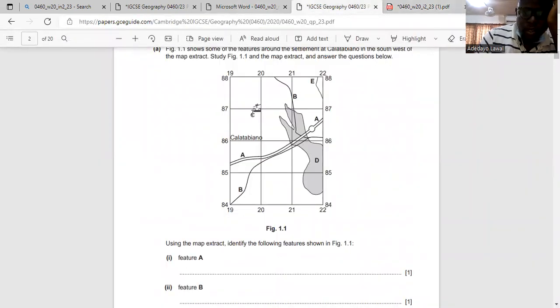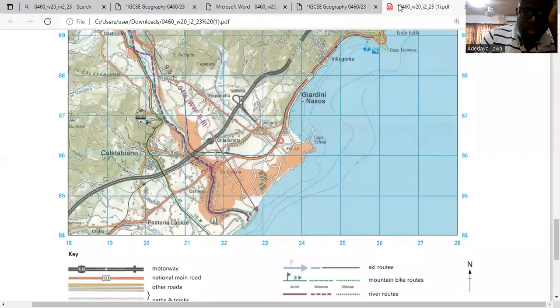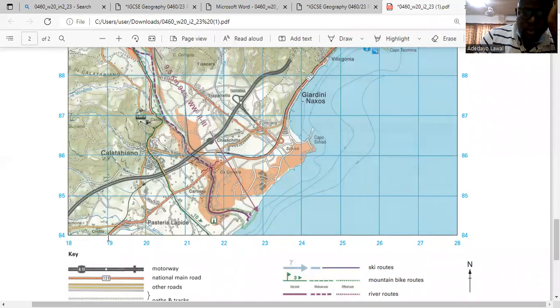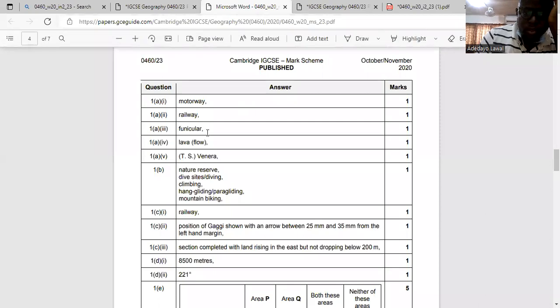What is C? C is 19, 7, 86, 8. What do we have here? Let me check the mark scheme quickly. It is called funicular.